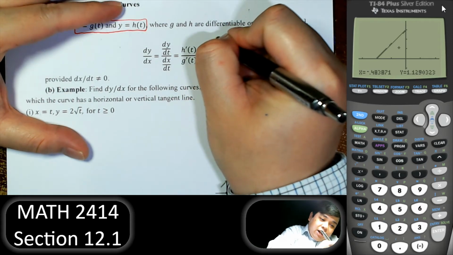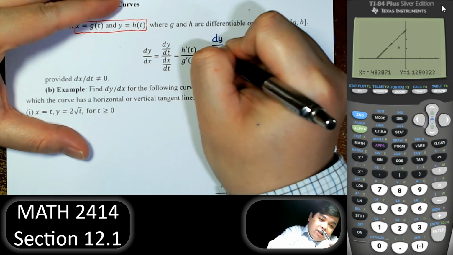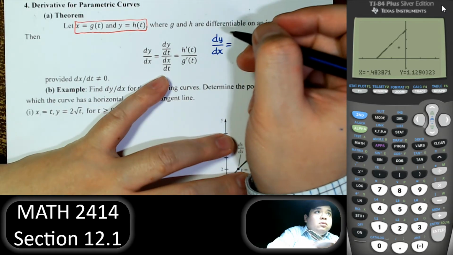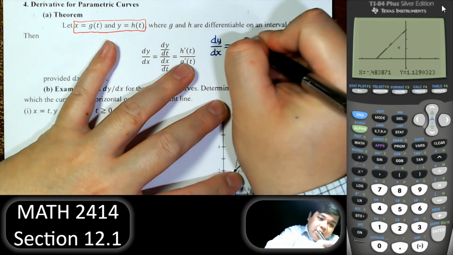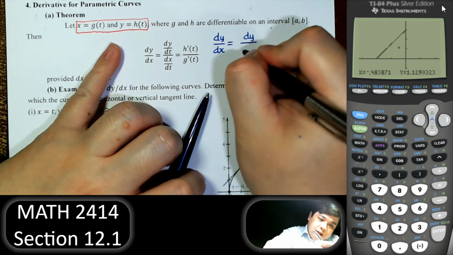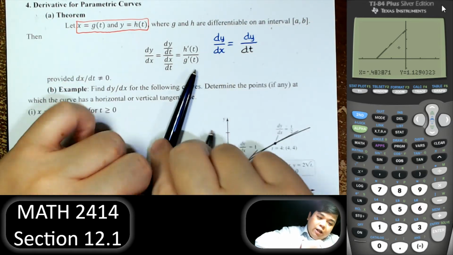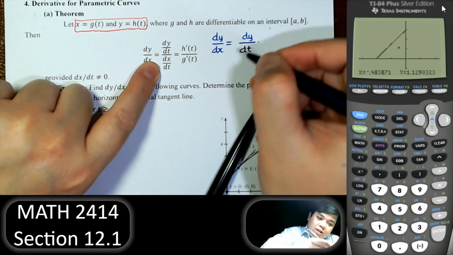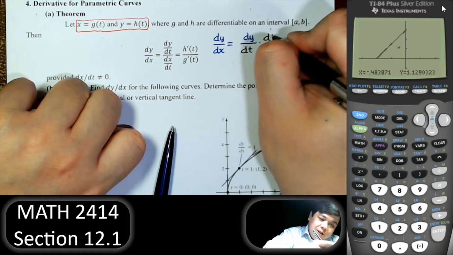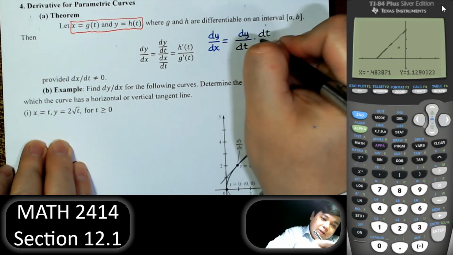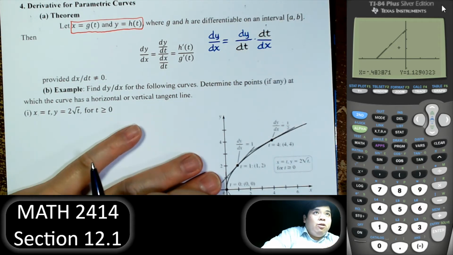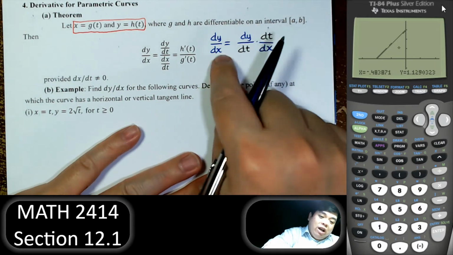Let's see, dy over dx. I can do it like this. If we write this but in the reciprocal, because if the dt cancel out, we have dy over dx.